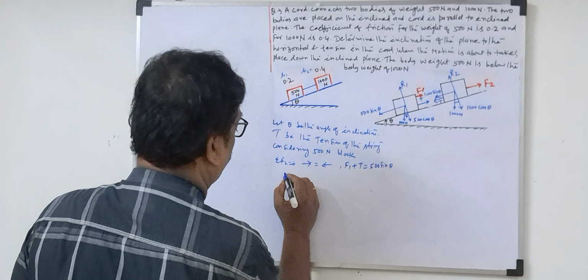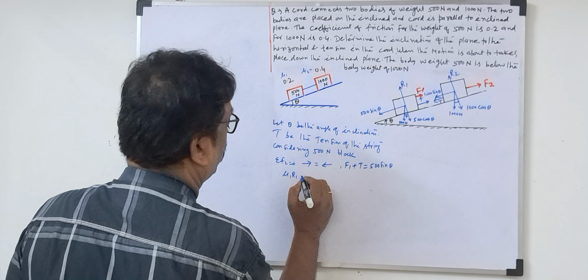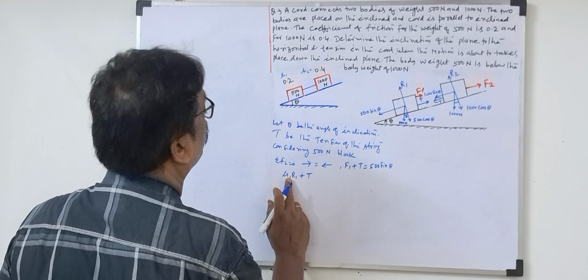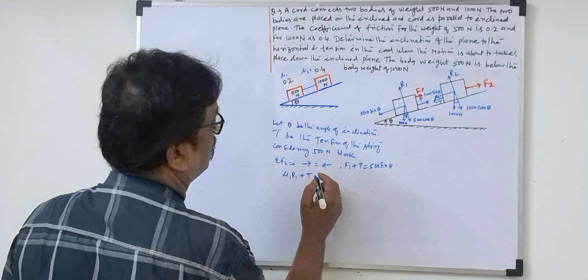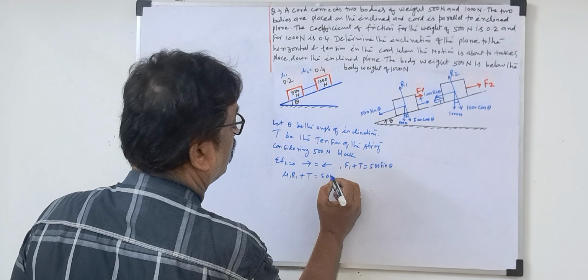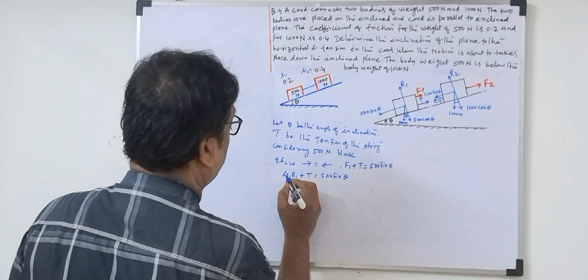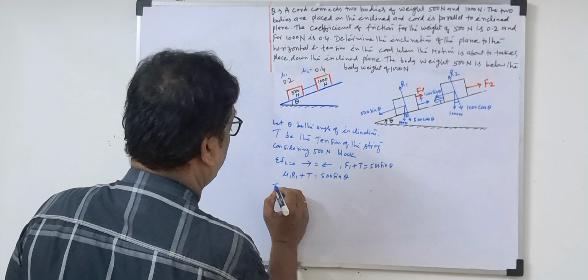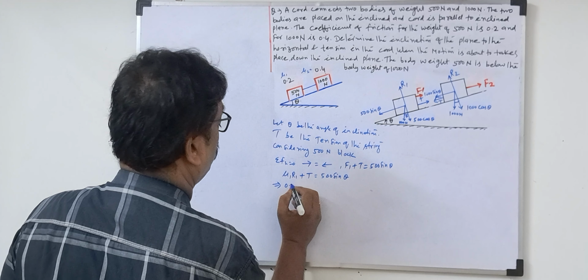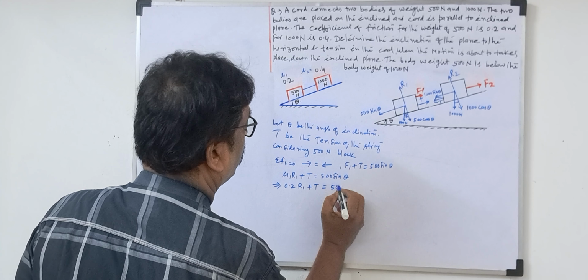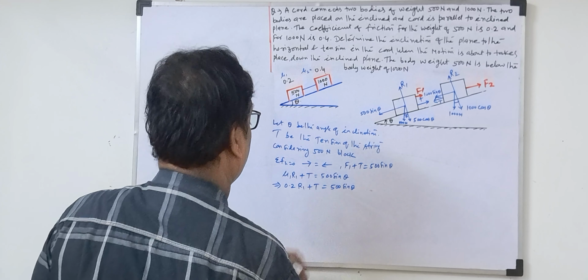F1 is nothing but mu1 R1, so mu1 R1 plus T equals 500 sin theta. Mu1 is 0.2, so 0.2 R1 plus T is equal to 500 sin theta.